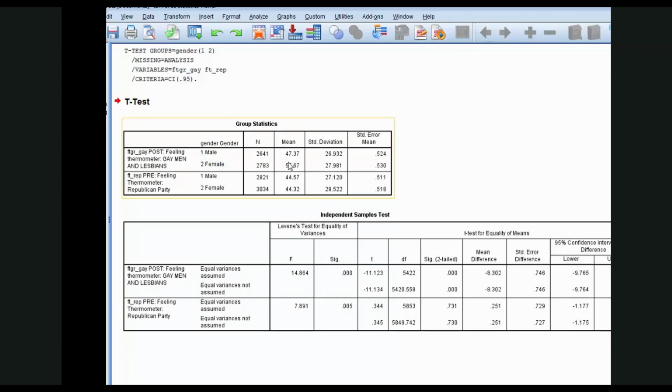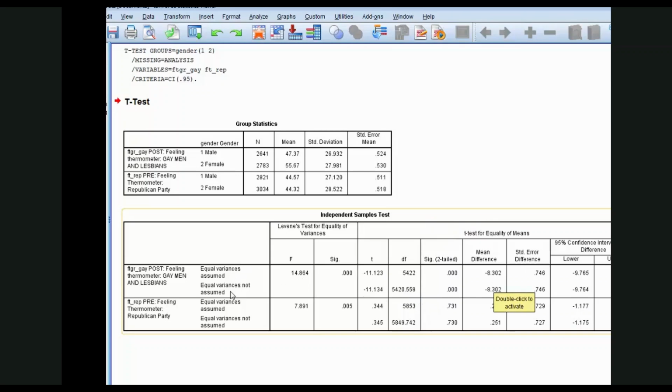What SPSS did is it subtracted the female mean from the male mean and recorded the difference here, minus 8.302. Similarly, the male mean for a Republican feeling thermometer is 44.57, female 44.32, which is a rather small difference. Again, SPSS did the subtraction and arrived at the mean difference, which is 0.251.